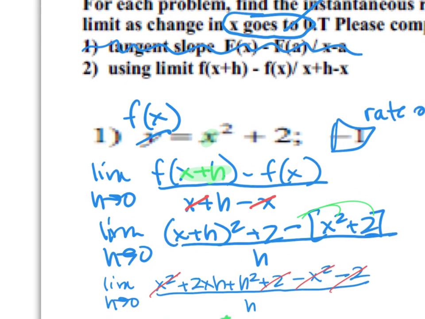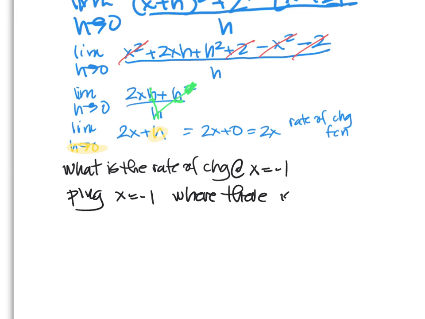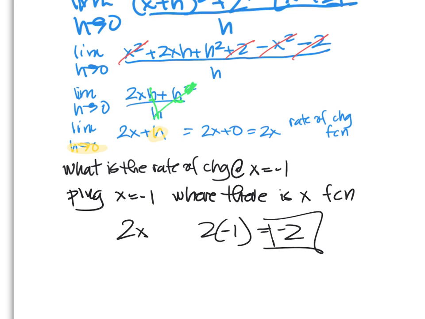What was it? x is equal to -1? Yes, at x is equal to -1. So this is where you plug x equal to -1 where there is x in the function. In this case, I would have 2x, and now I'm going to substitute the -1, and we get -2. So this is our solution.